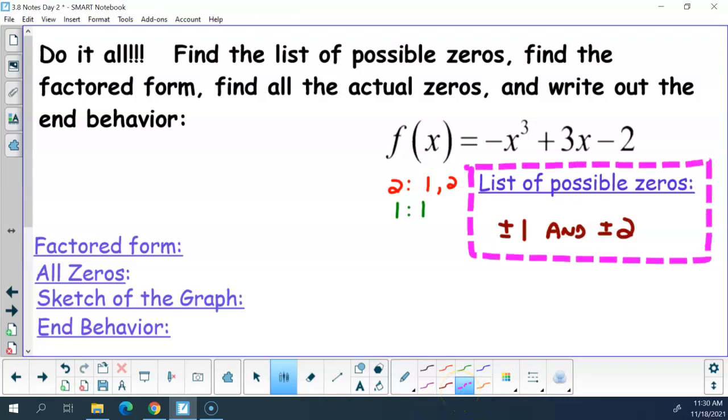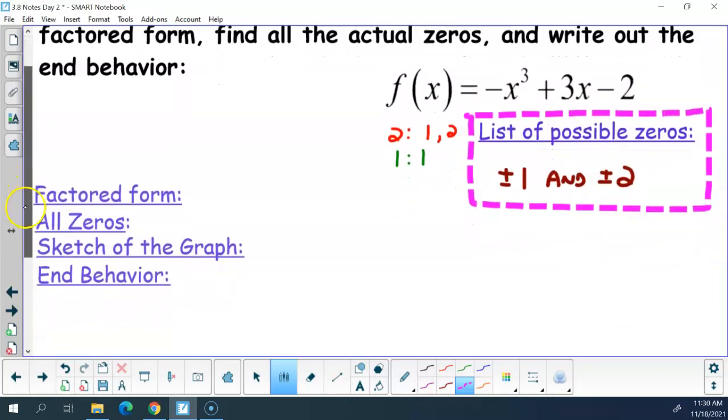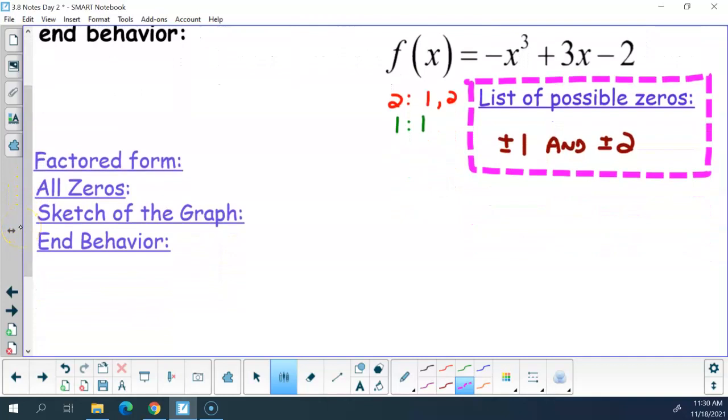Yes? Okay. Did we find one that worked? One worked. So 1, and I've got negative 1, 0, 3, and negative 2.